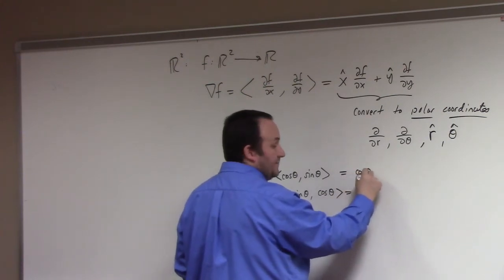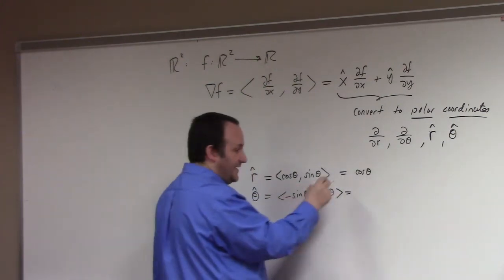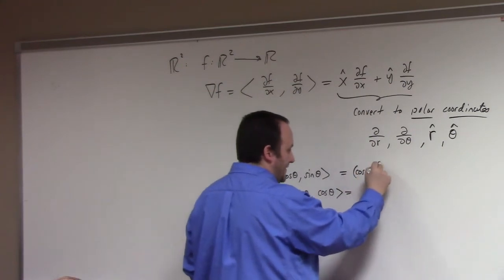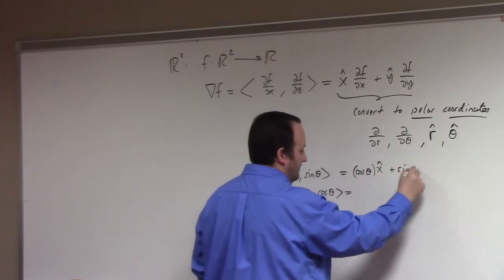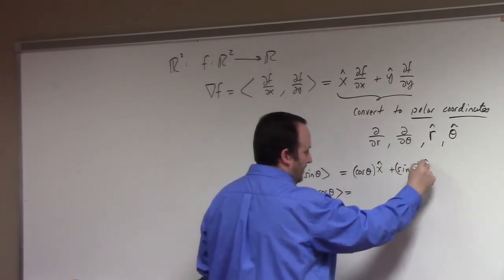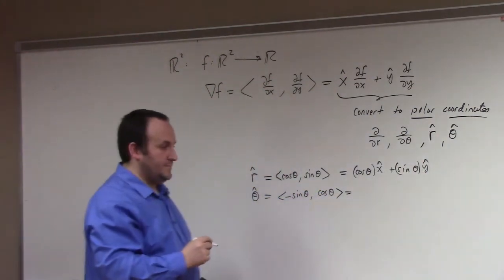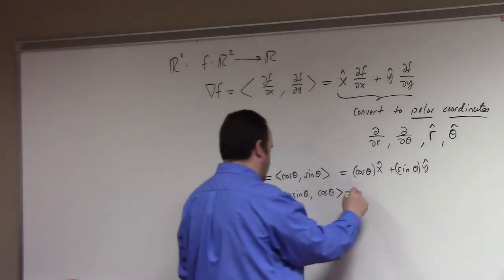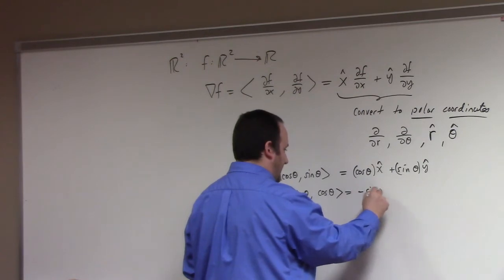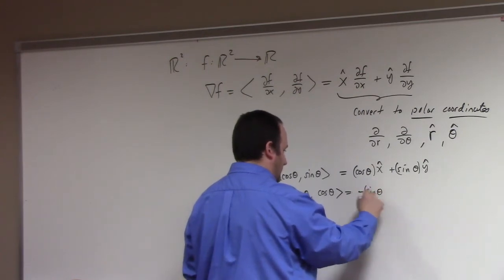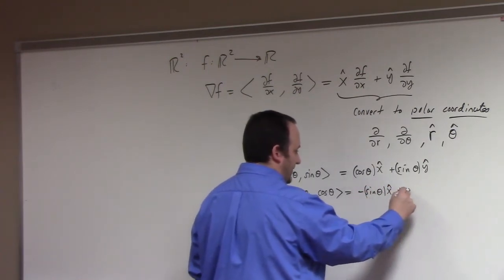Well, r hat is cosine theta, x hat, plus sine theta, y hat. And theta hat is minus sine theta, x hat, plus cosine theta, y hat, right?